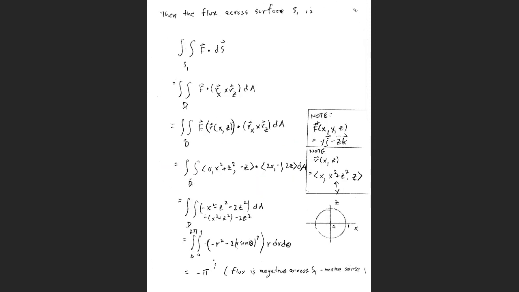That then tells us that the region D is going to be a circle of radius 1. So I know that I'm going to be using polar coordinates to compute this double integral. I didn't go all the way with it, but you could work it out, and you'll get negative pi.